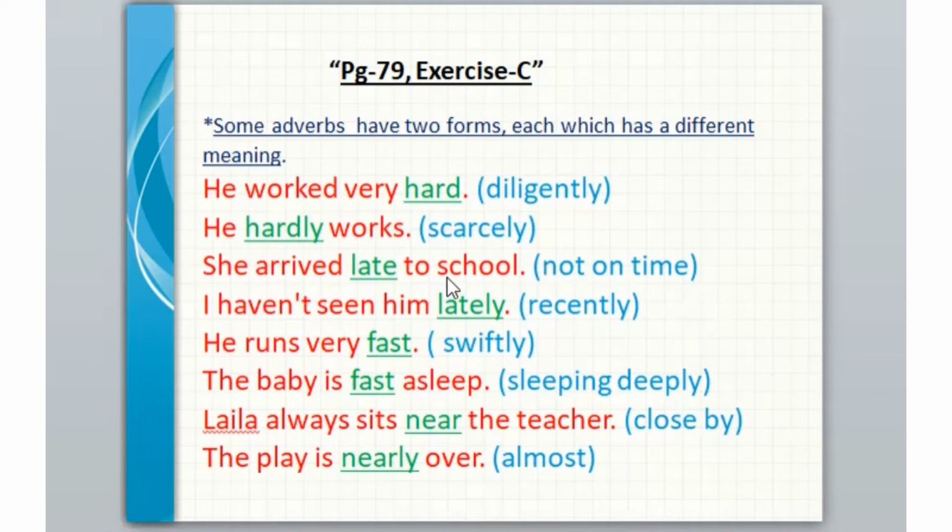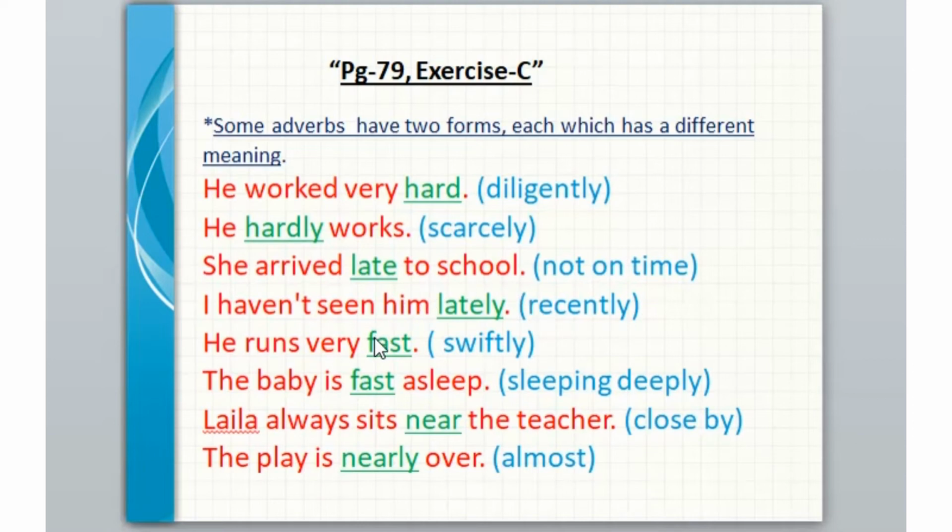In the next example, we will use its other adverb form, which has ly in its spelling, so it becomes lately. Now this lately doesn't mean not on time. It means recently, nowadays. So it becomes, I haven't seen him lately. And you all know the meaning of lately: recently. Clear?